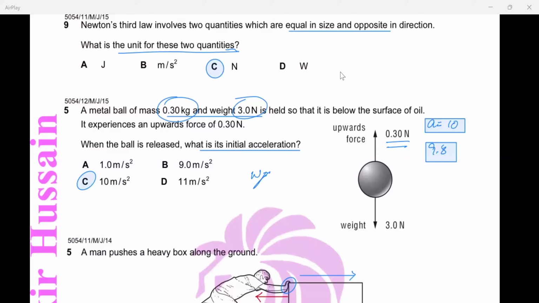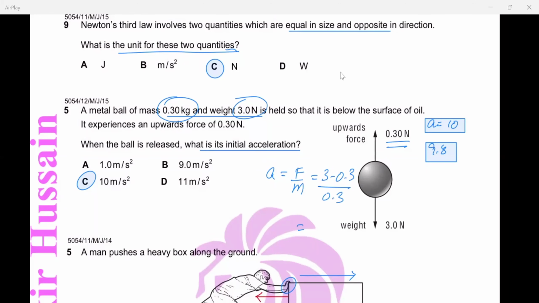Acceleration is equal to F over M. And what is F? It's 3.1 and 0.30 over 0.30. Okay, upward force is 0.3, right? And downward force is 3. So 3 minus 0.3, divided by 0.3.